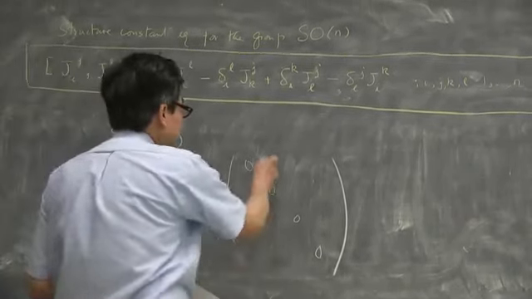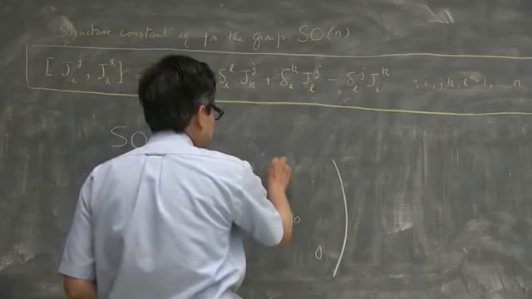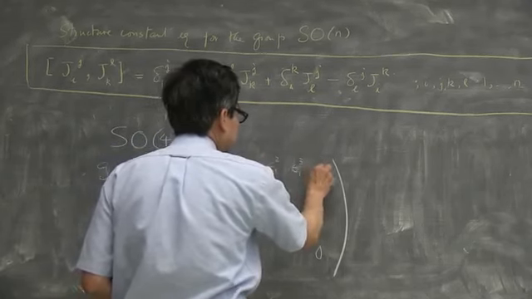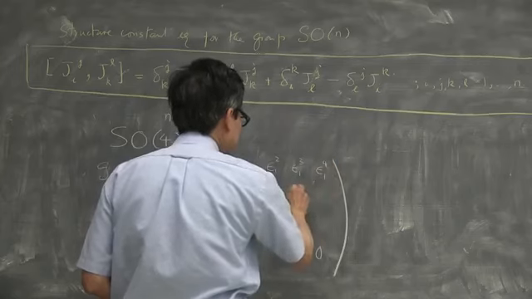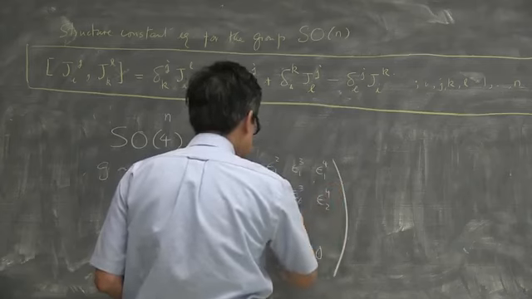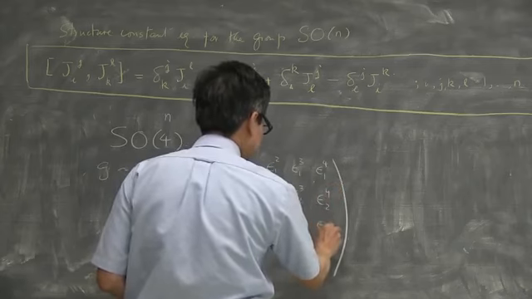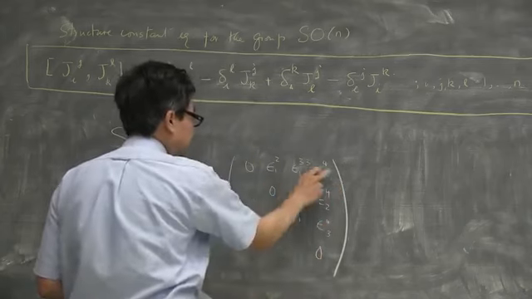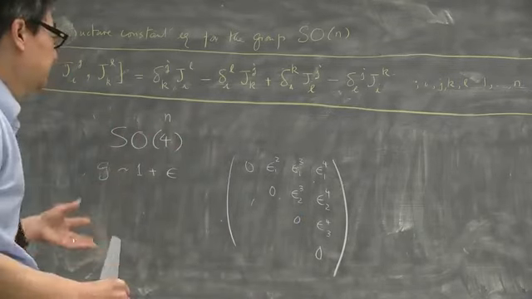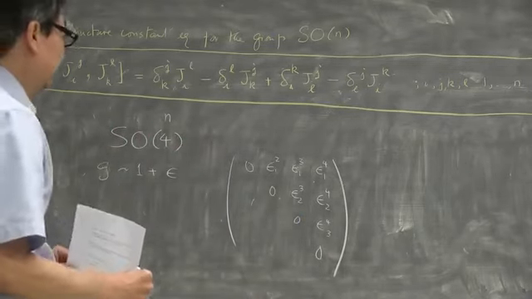Okay? So you have epsilon 1,2, epsilon 1,3, epsilon 1,4, epsilon 2,3, epsilon 2,4, and epsilon 3,4. So you have 1, 2, 3, 4, 5, 6 independent epsilons, and so you then have 6 independent J's also.